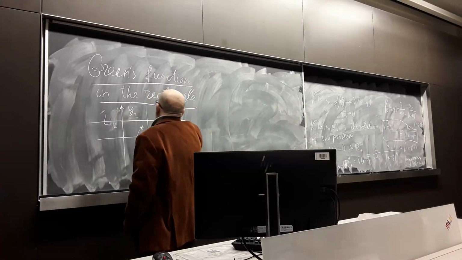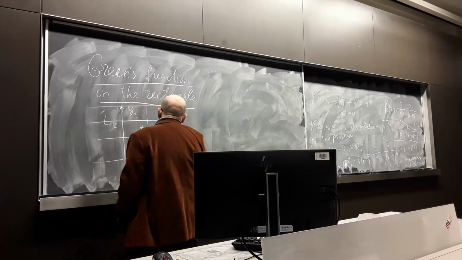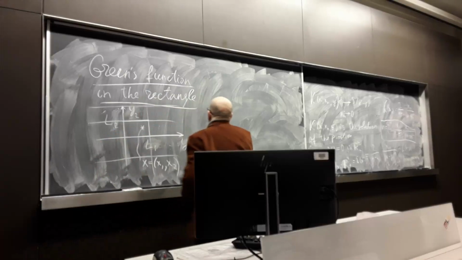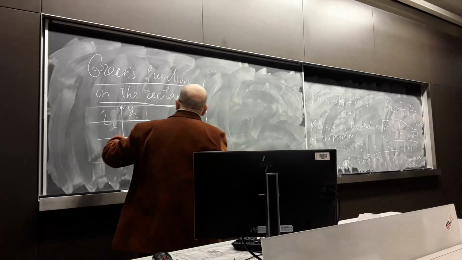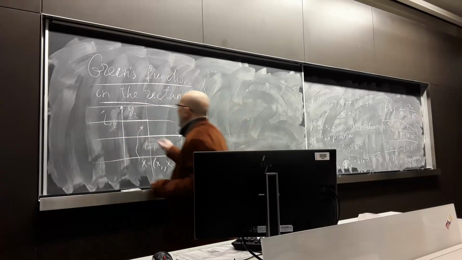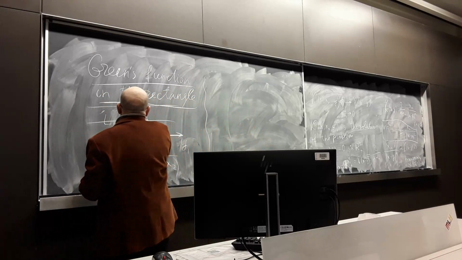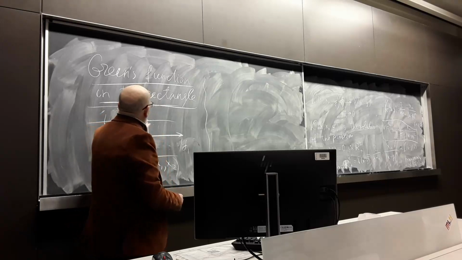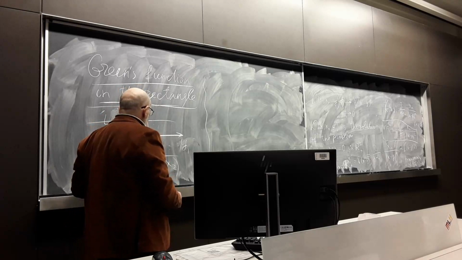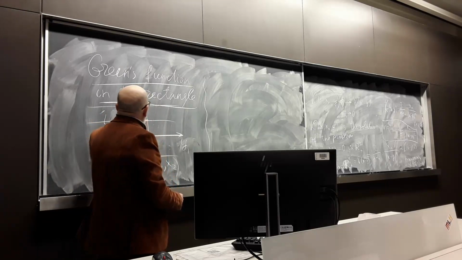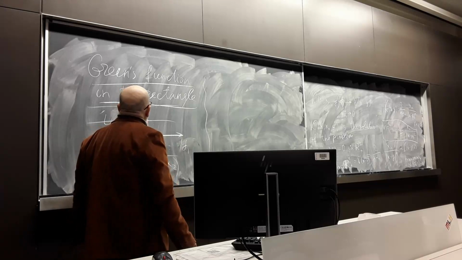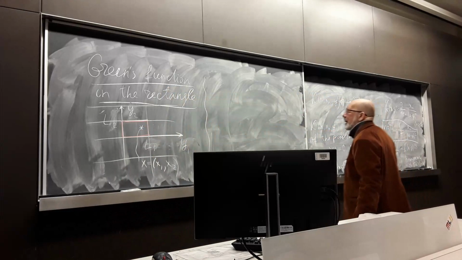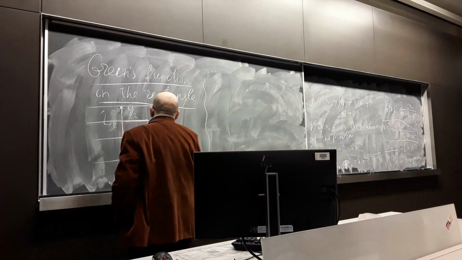So let me divide the whole plane into rectangles, which are shifts of the original rectangle, by n times L1 horizontally and m times L2 vertically, where m and n are all integers.